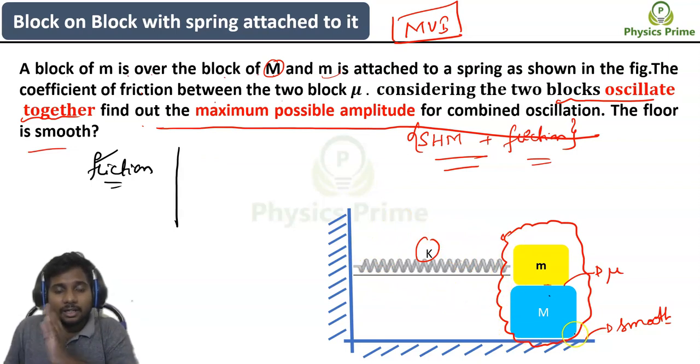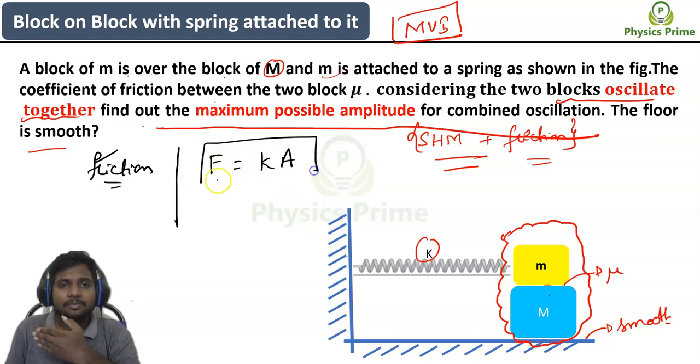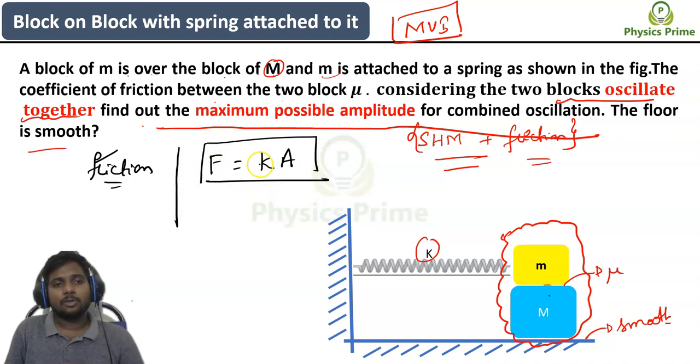If it is executing SHM, F is equal to minus K x. Minus indicates opposite to the direction of displacement. That is K into A, where A is the amplitude, the maximum displacement. So the question asked is, find the maximum possible amplitude.